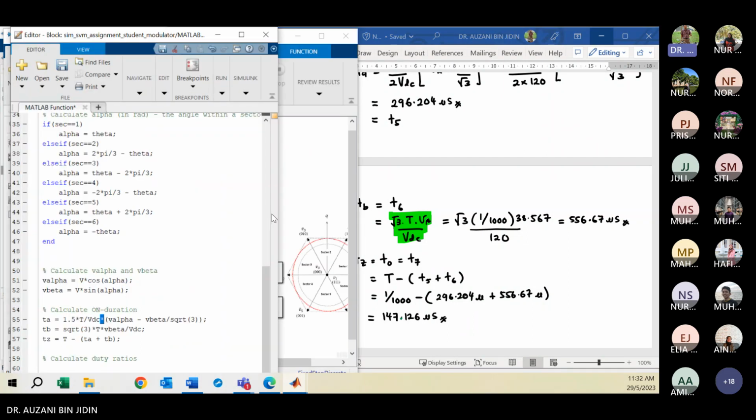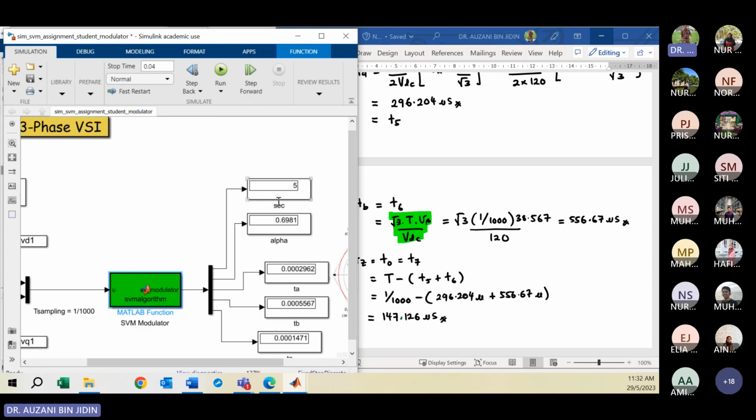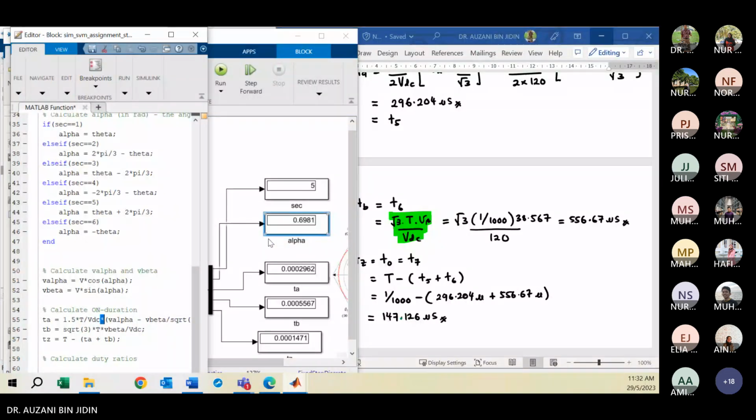Show the coding. So this is the answer, and the coding here, right? VD, VQ. How to calculate VD and VQ?